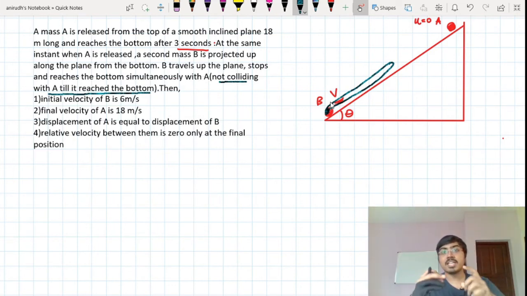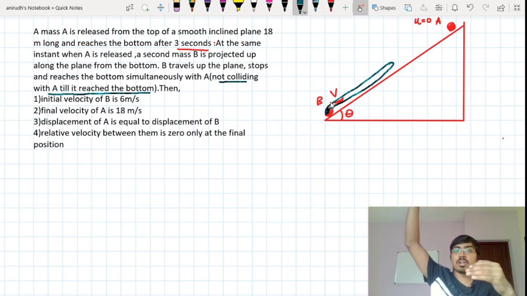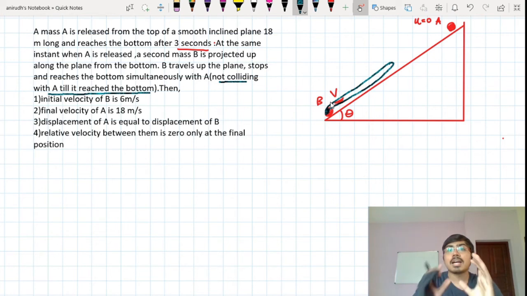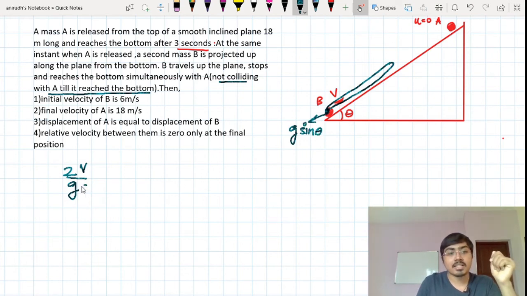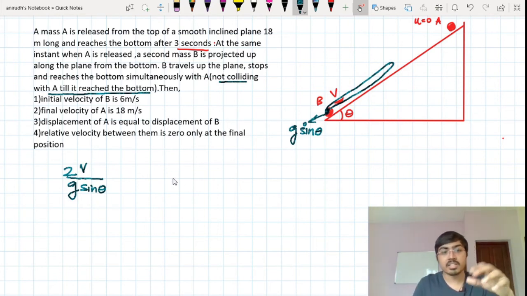So the total time taken for a ball thrown up in free fall, all the way up and all the way down, is equal to 2v by g. But here the component of gravity acting along the plane is g sine theta, where theta is the angle of inclination of this particular inclined plane.